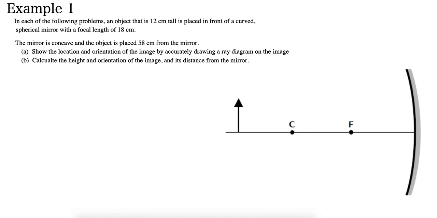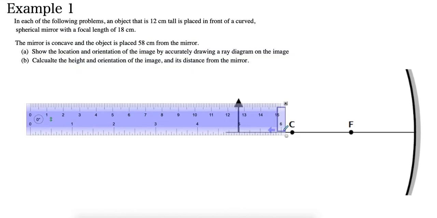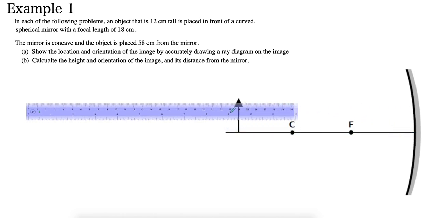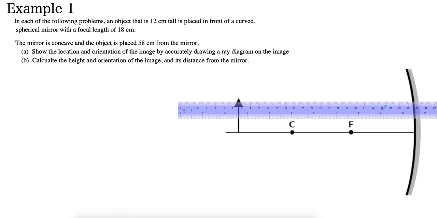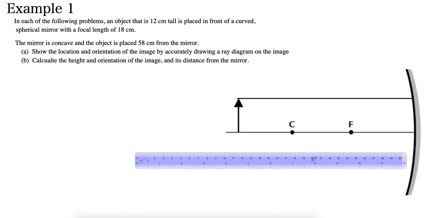So first, let's start with actually drawing where the image is going to be. You're going to have to grab your ruler. Remember, there's a couple different drawings that we can do. The first one is the ray that's parallel to the axis.